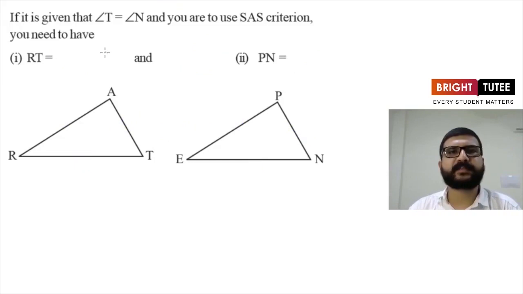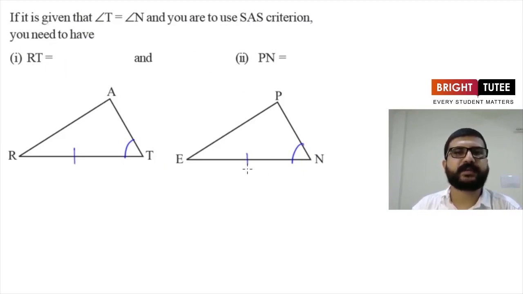Now here is the next part of the same question. It is, if it is given that angle T is equal to angle N, that is this angle is equal to this angle here, angle T is equal to angle N, and you are to use SAS criteria, you need to have RT is equal to what? So this RT has to be equal to EN. And what else do we need?